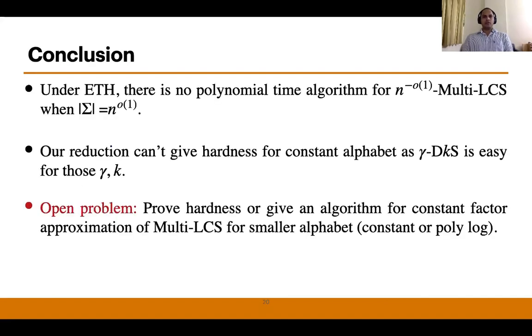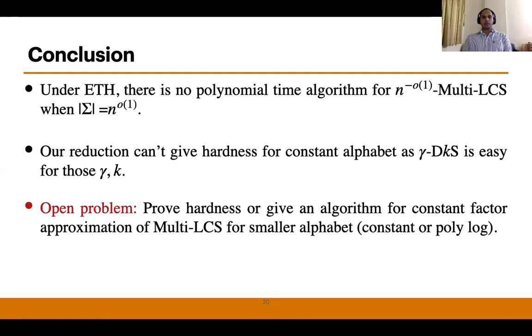With this, I want to conclude my talk. In this work, we have shown that under the exponential time hypothesis, there is no polynomial time algorithm for n to the power minus small o of 1 multi LCS when the alphabet size is n to the small o of 1.